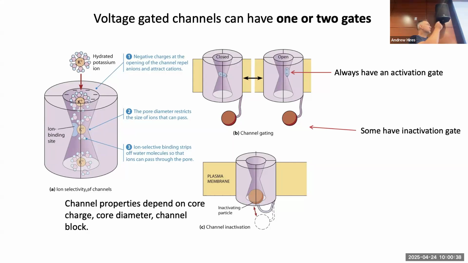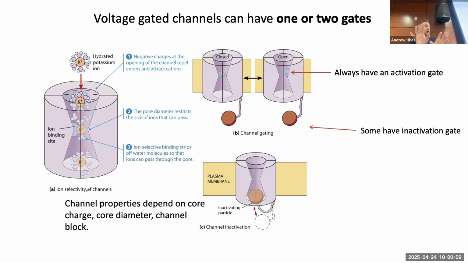And so the exact shape of this pore is going to determine the selectivity of this ion channel to what ion it will allow to pass. The potassium channels are going to have a slightly different shape on the inside of the pore than sodium channels or chloride channels.